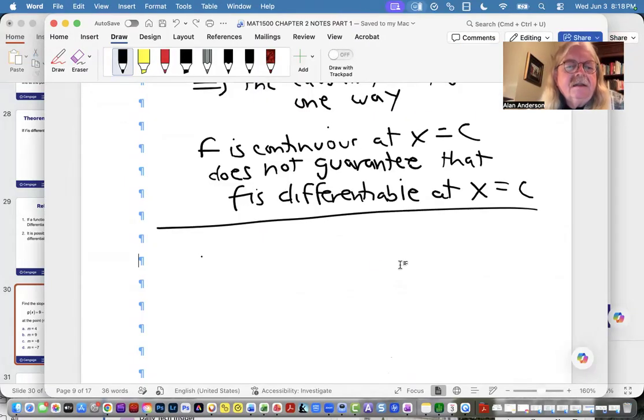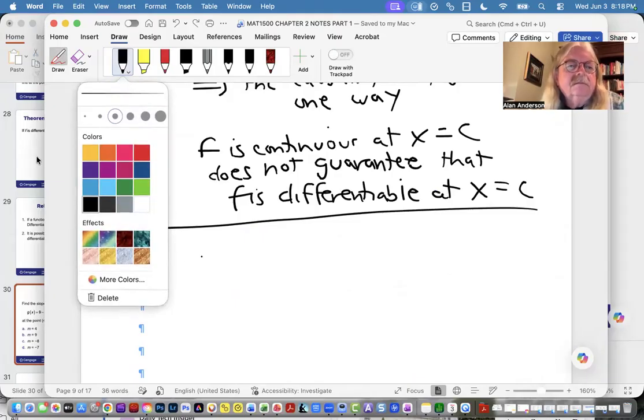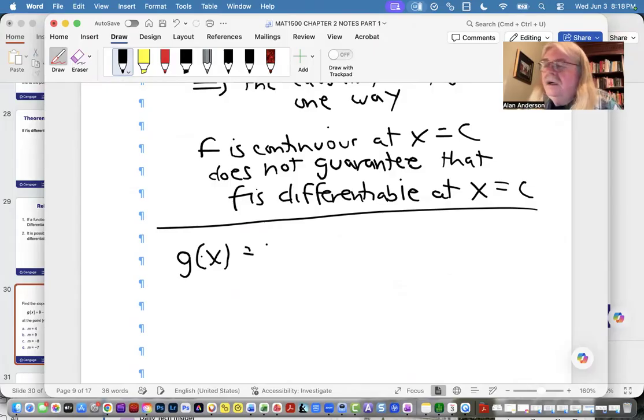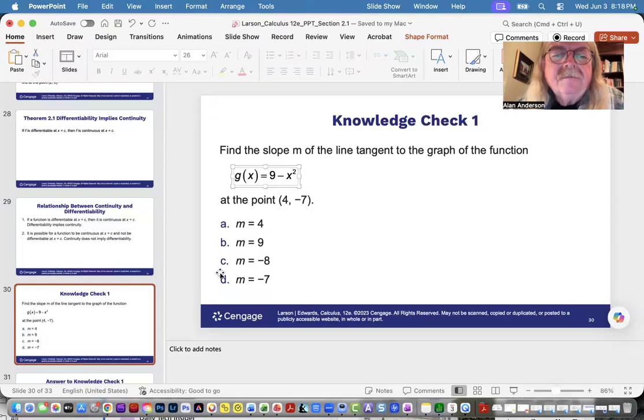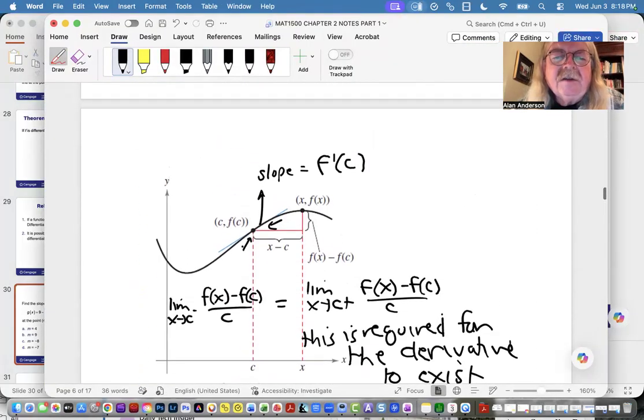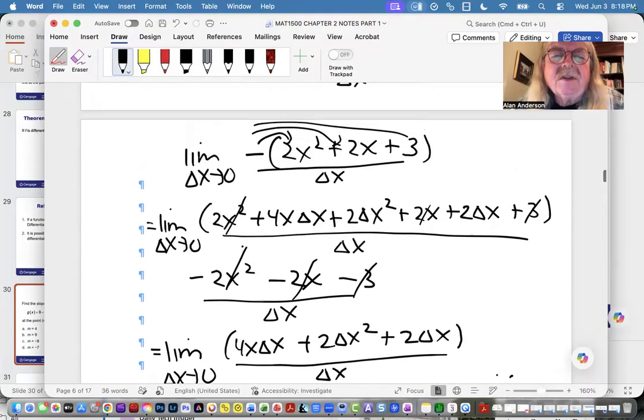Was it 9? Um, 9 minus x squared. So remember the definition. I've got it up here somewhere. They changed it to g of x, but of course that doesn't matter.